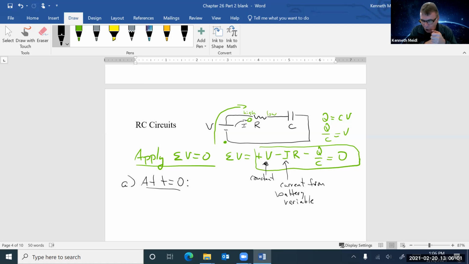And the more charges you put on the capacitor plates, the harder it is to put the next one. And so the current gets smaller and smaller until you fill the capacitor, and the voltage across the capacitor is the same as the voltage of the battery. And then all of the current stops.